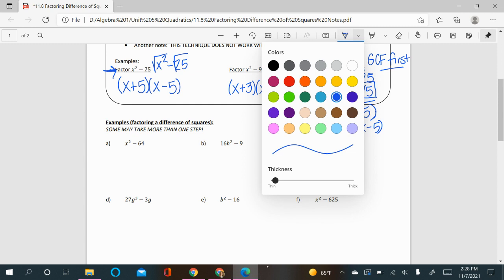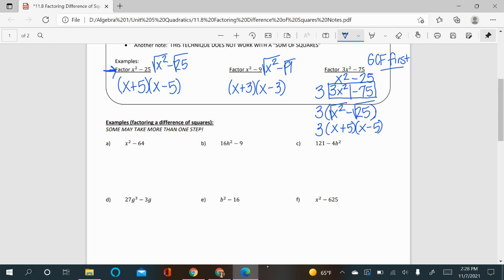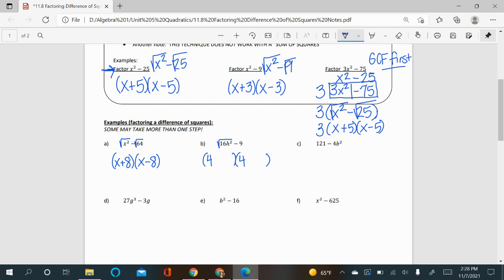All right, let's take a look at a few more examples. These are both perfect squares. The square root of x squared is x and x. The square root of 64 is 8 and 8. I'll get a plus and a minus. Next, 16 and 9 are both perfect squares. We have an extra thing here, a number. When I take the square root of 16, I have 4 and 4, but I have to break that h squared up into h and h.